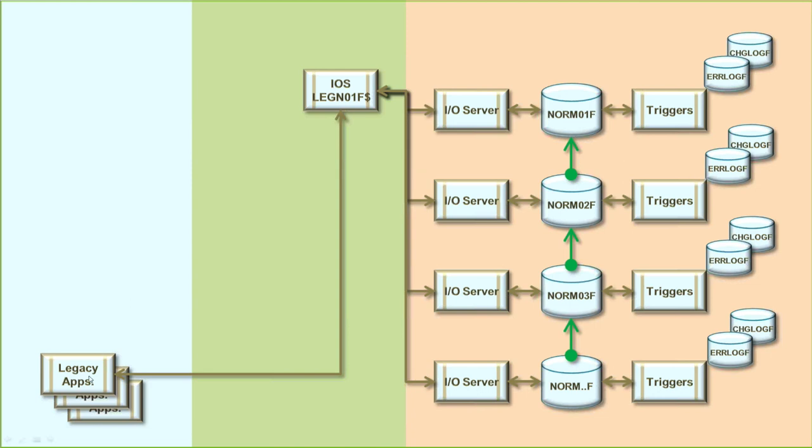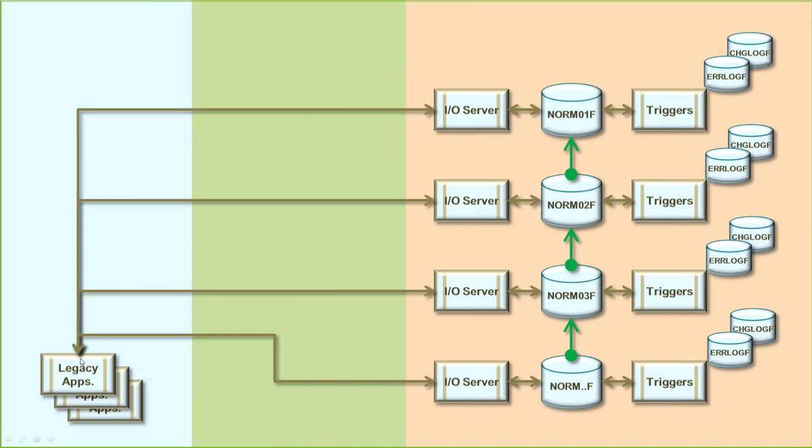So your legacy apps are now using this IO server to distribute the big record information through the normalized database. Then the last step, which you can choose to do either one app at a time or all of them at the same time, is to get rid of that I/O server and its calls to the I/O servers and replace them with direct calls to the I/O servers from the legacy apps.